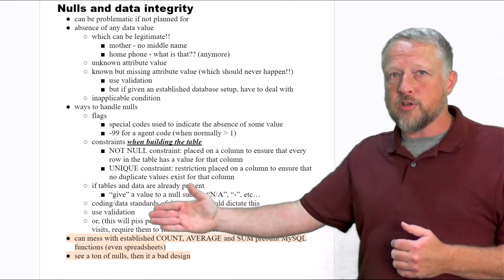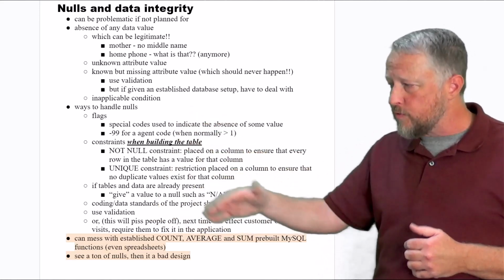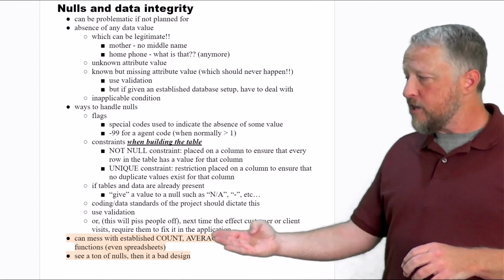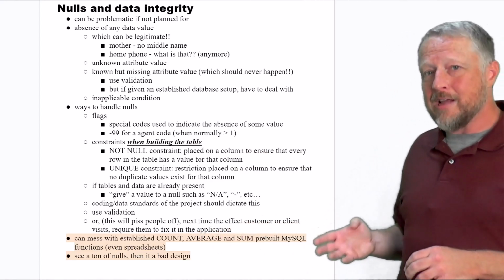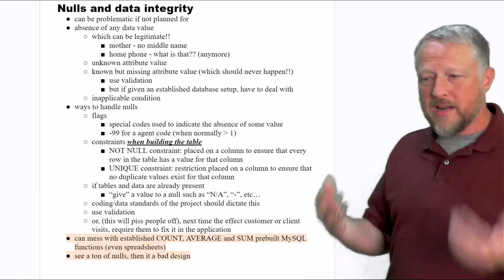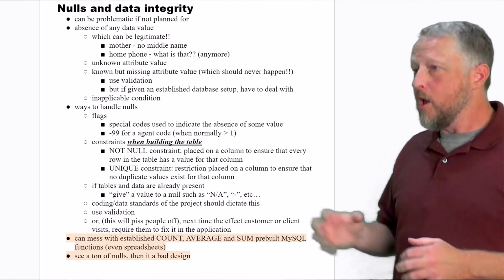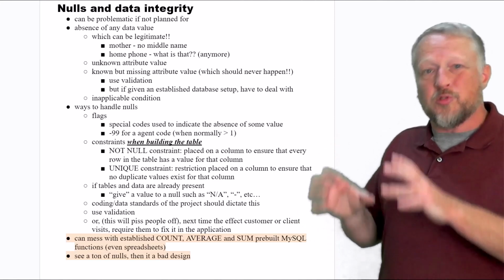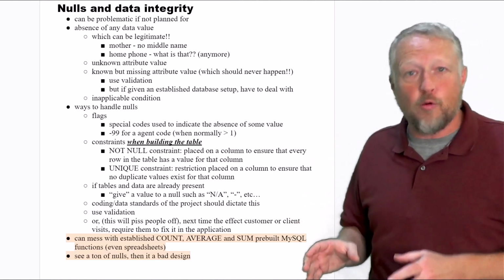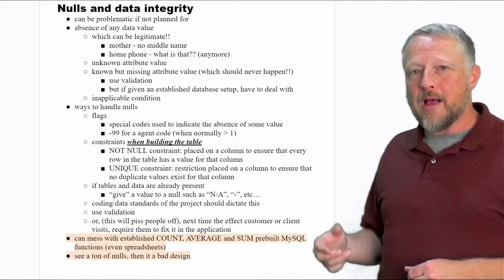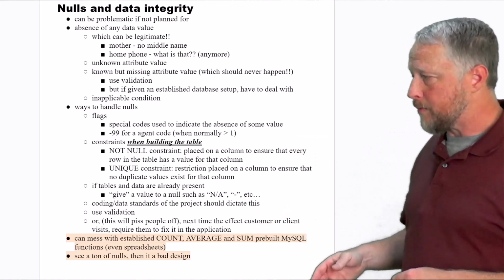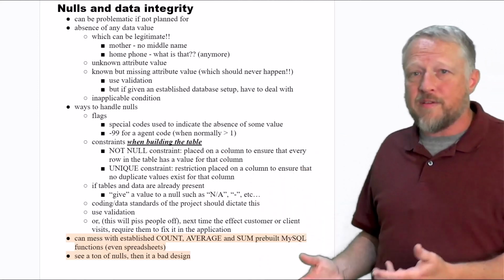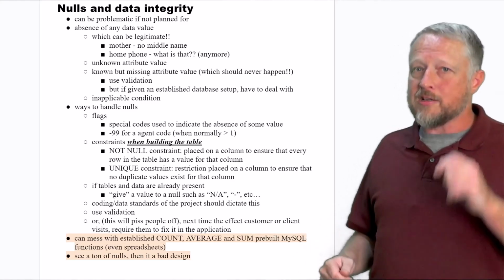Again, my thing about using validation, ways to handle this: use validation, or, and this will upset people, if next time they go back and enter a piece of data for updating customers' information or whatever, we might have a window that pops up and says, hey, please enter this piece of data that we didn't have before that was null. Now we update it and it goes back. It usually pisses off people. But now we don't have a null in that position. We give them the option, say not available or whatever, but now it's not a null.